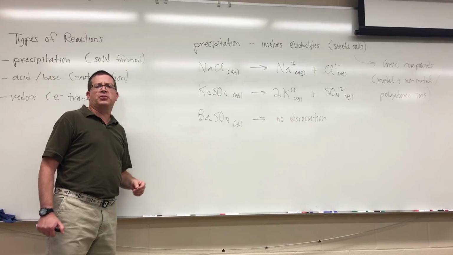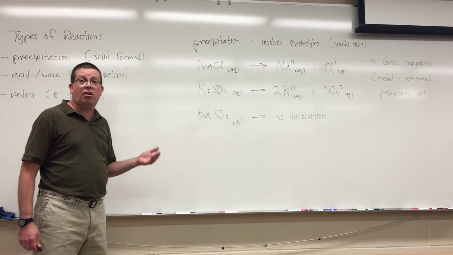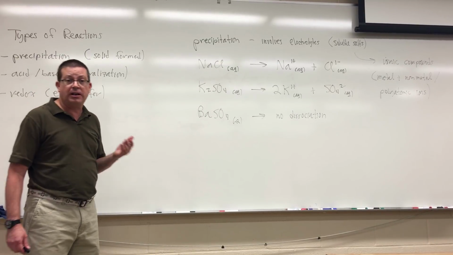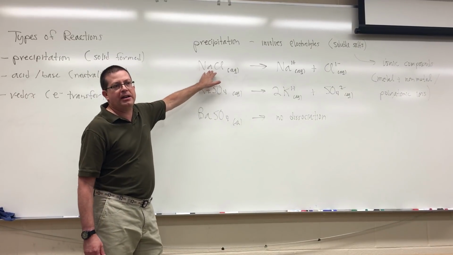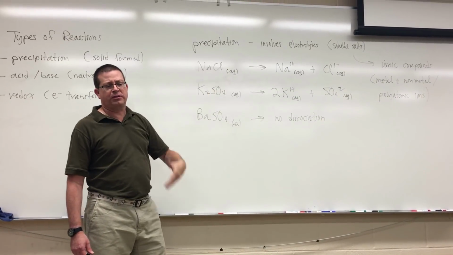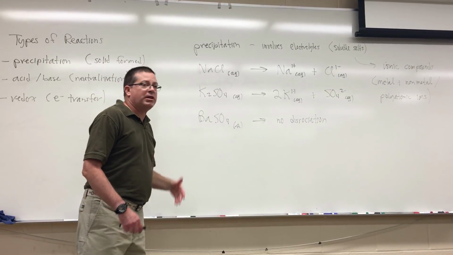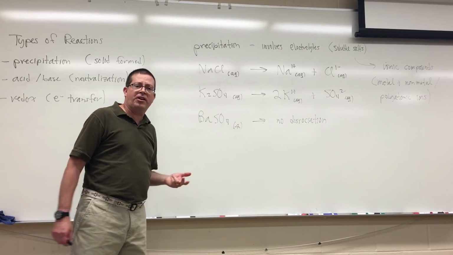So let's look at a couple of simple examples of what happens when we dissolve a soluble electrolyte or ionic compound in water. For example, we know that sodium chloride is soluble in water. If I put some solid sodium chloride in there and stir it up, it's going to dissolve. Now we need to know what's going to happen to that sodium chloride when we do that. Two things happen.